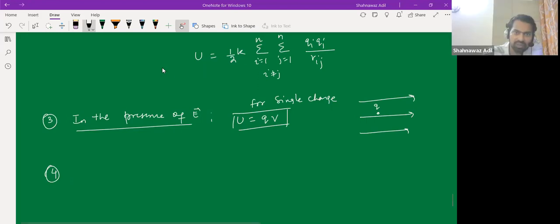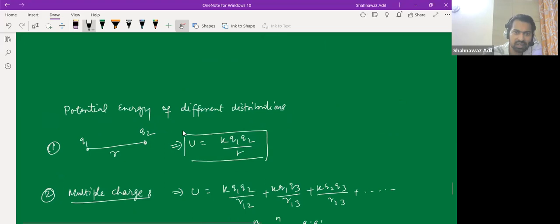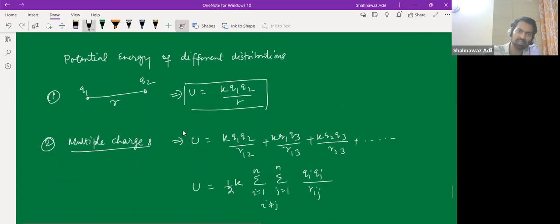Yeah, so we didn't go ahead. I am just repeating what we did. So what we have done so far, we were calculating the potential energy of different distributions.